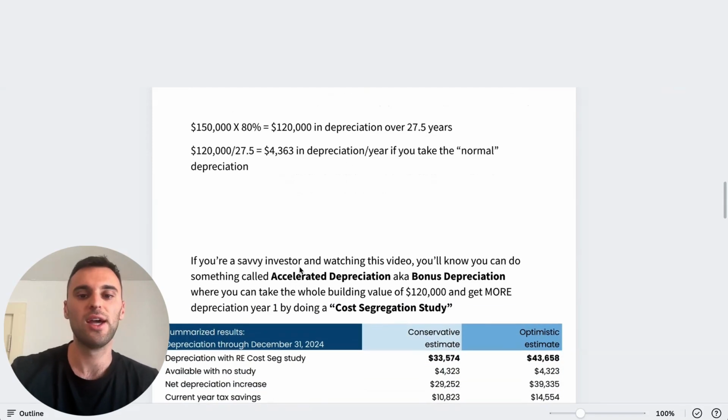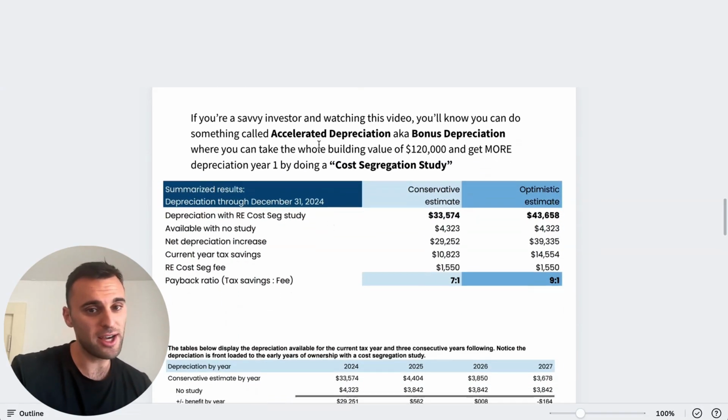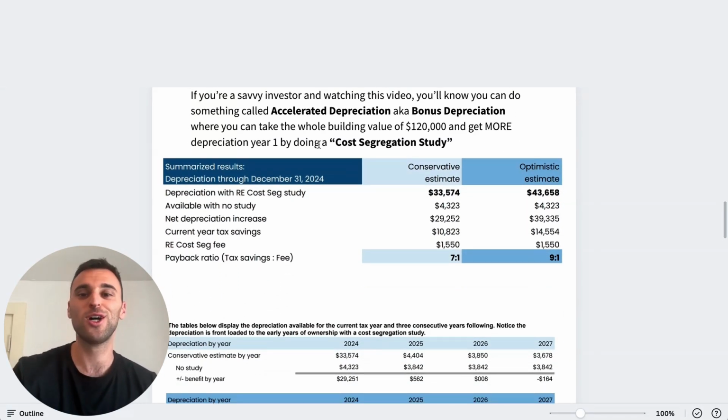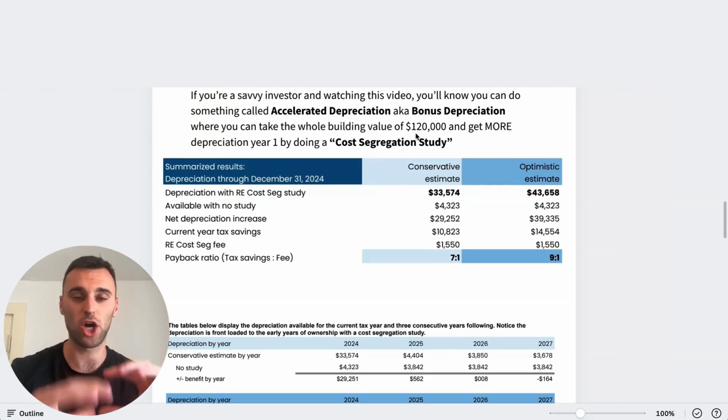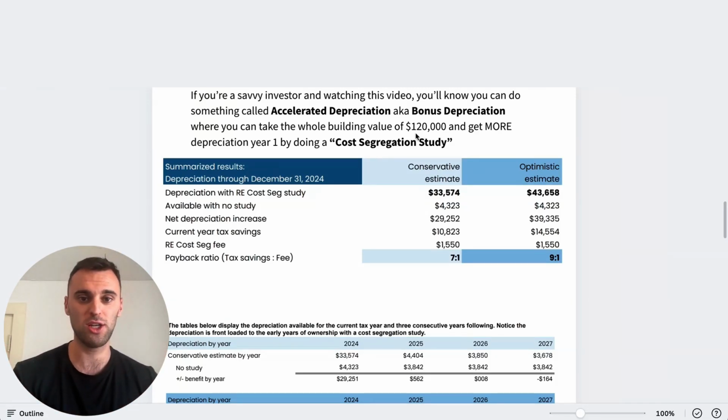Okay, great. Now, if you're a savvy investor watching this video, you'll know that you can do something called accelerated or bonus depreciation, where you can take the whole building value, which again, we're saying is $120,000 here, and get more depreciation upfront in year one by doing a cost segregation study.